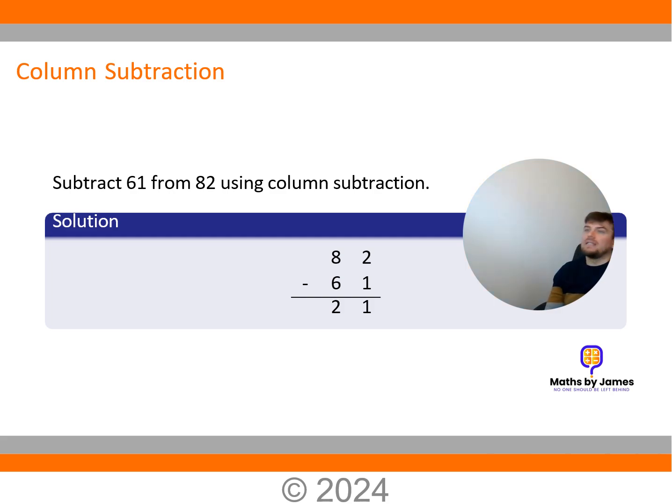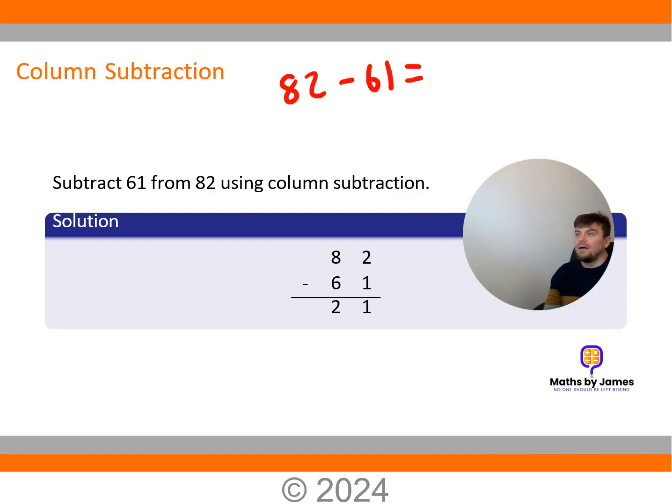So here we've got an example. Subtract 61 from 82 using column subtraction. That's exactly the same as writing 82 minus 61 equals. You might have a question like that. The first thing we need to do is line these up correctly.